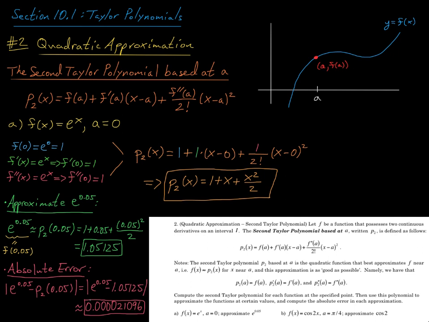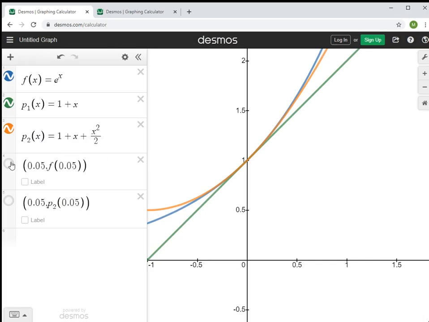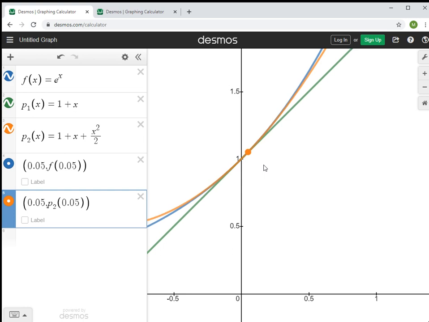So that's a lot better than our approximation from the last video. If you go back to the graph, there's the point we're looking to approximate on the blue curve, and there is the point on our parabola in orange.